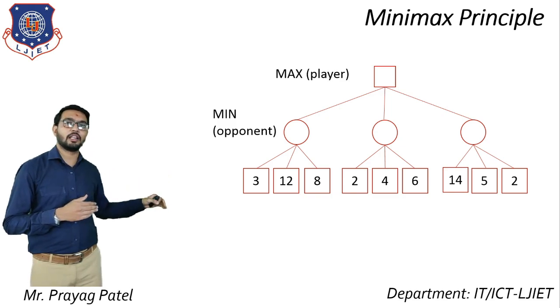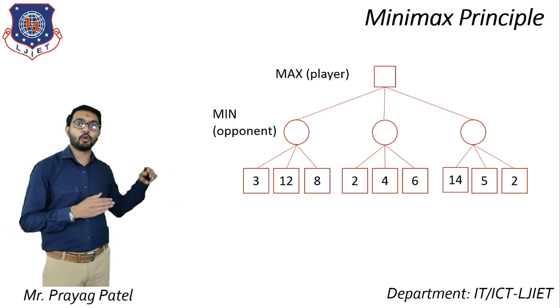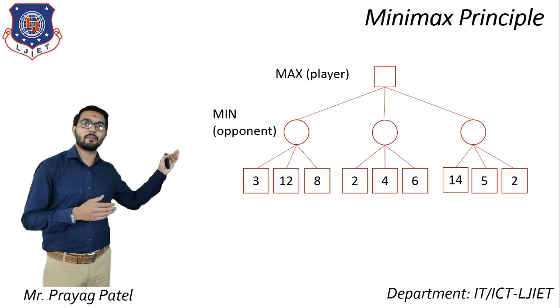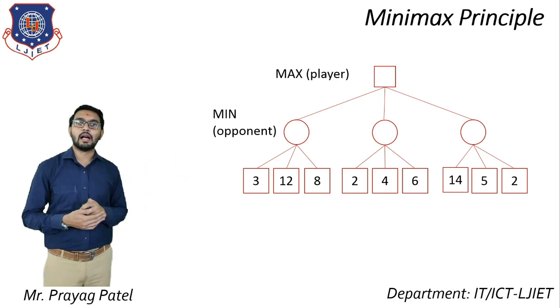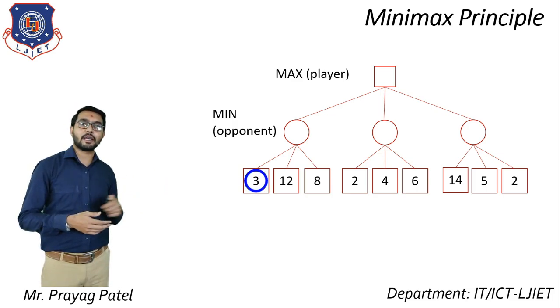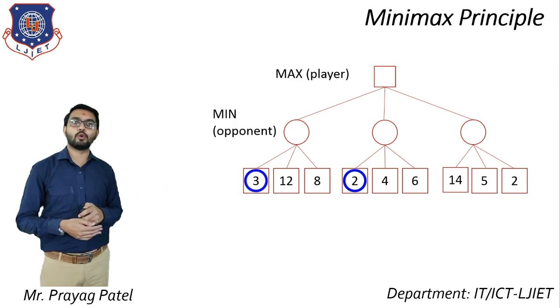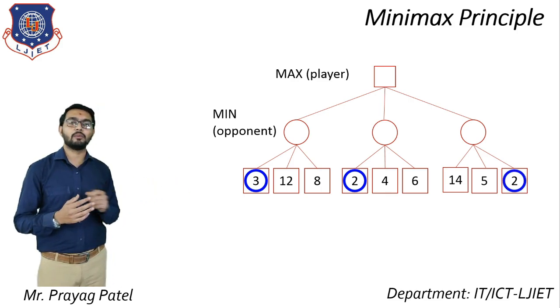Here consider the third level with values 3, 12 and 8. Now the parent of these three elements is a min player, meaning the opponent. Then the opponent takes the minimum value out of these three, so value 3 is the minimum. For the second node, the value 2 is the minimum. For the third possibility, the value 2 is the minimum.